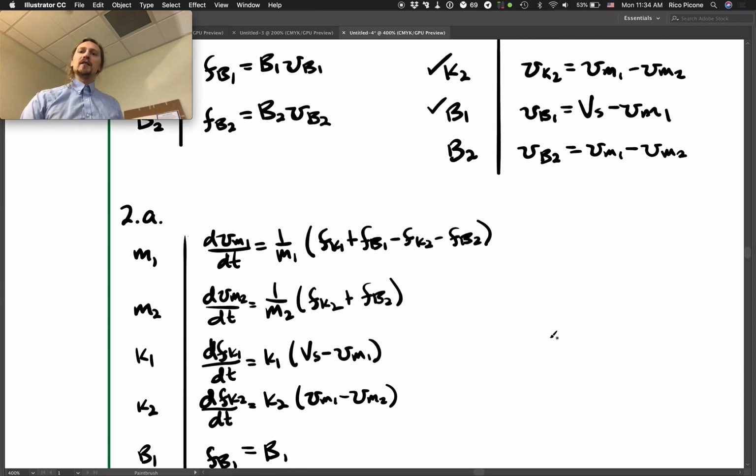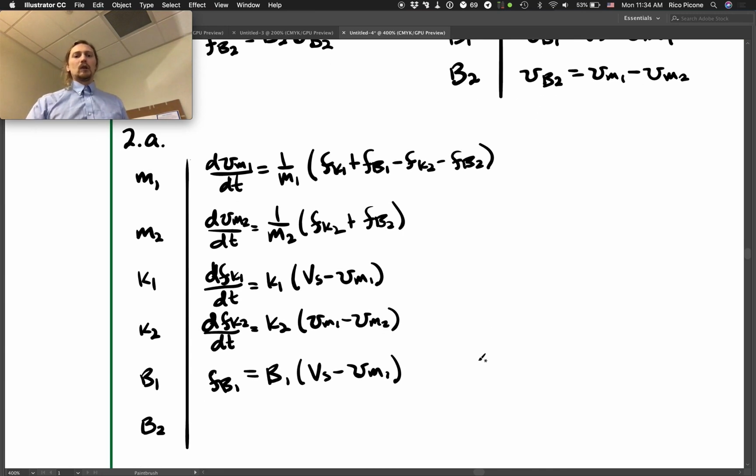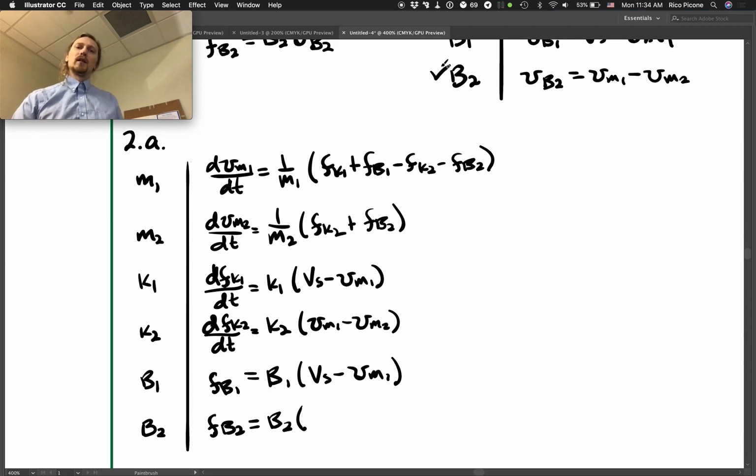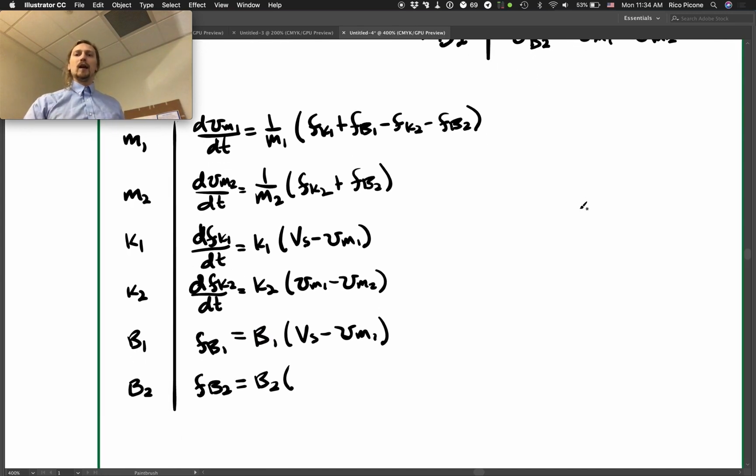It's just VS minus VM1. And finally, FB2 is equal to B2 times, and you can see the compatibility equation right here, the bottom one, VB2 is equal to VM1 minus VM2.